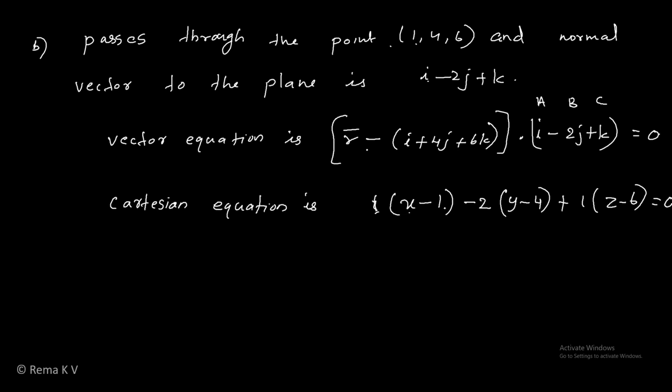A into x minus x1 plus b into y minus y1 plus c into z minus z1 equal to 0. Simplify this: x minus 2y plus z minus 1 plus 1 is equal to 0.